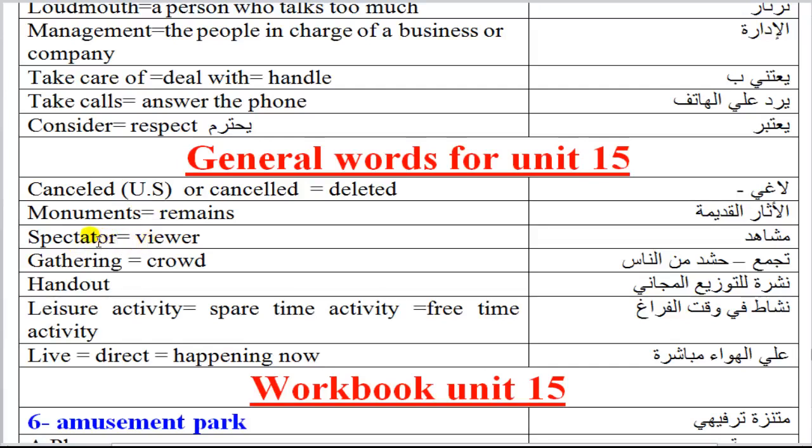T soft D between two vowels. Gathering, crowd. Handout. Leisure activity, spare time activity, free time activity. Live, direct, happening now.